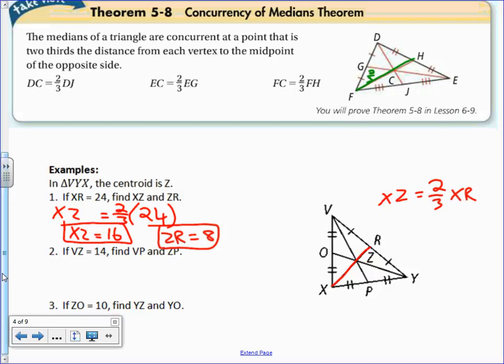Same thing here. So VZ is 14. Find VP and ZP. Well, let's look at this. VZ is 2/3 of VP in this one. So let's plug it in. VZ is 14, and that's equal to 2/3 of VP. We multiply both sides by the reciprocal. Multiply this by 3/2, and this will cancel out.